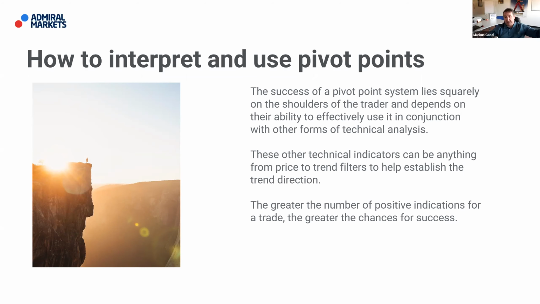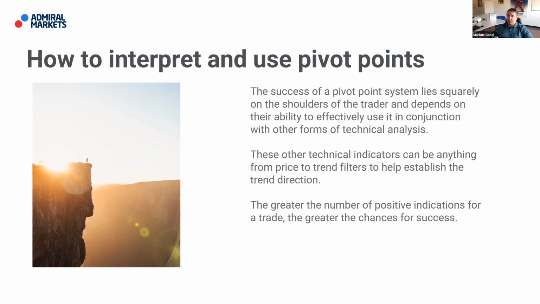All the other technical indicators can be anything from price to trend filter to help establish the trend direction. And if you read this really carefully, then you will find the most important words: price and trend. Can you see it? Price and trend.